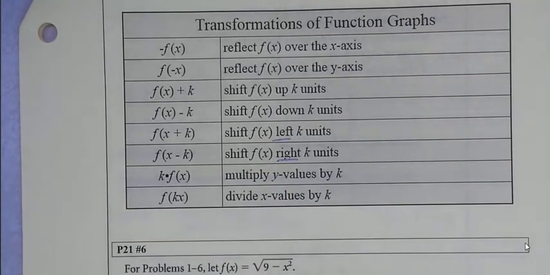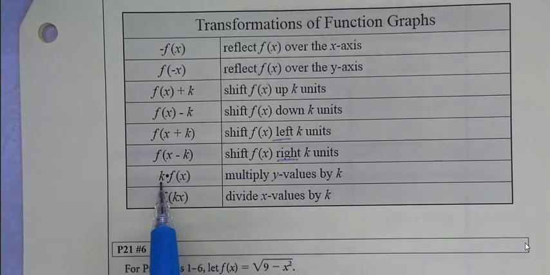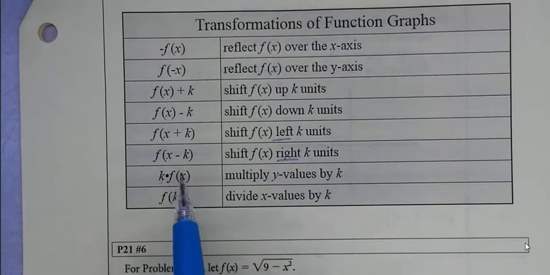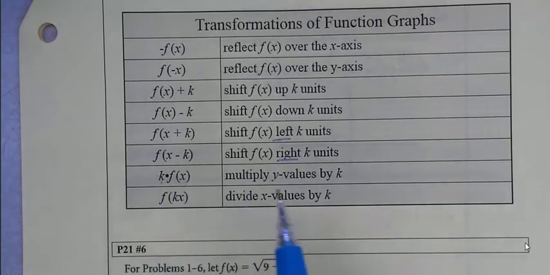And the x minus k means that you shift it right. And probably the new stuff, it's not too new, we definitely explored this last year, but you're going to get better at it this year, is that anytime you are multiplying by k, this is k times the entire function. So the entire function represents the output. So you multiply the y values or the output by k. And then anytime that you're multiplying the input by something, now you need to divide the x values by k in order to get your new x values.